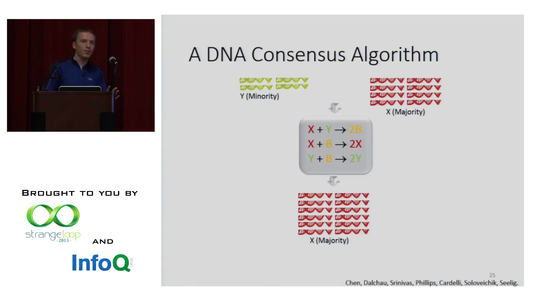And every time a Y bumps into an intermediate molecule, it similarly turns into 2Y. The reason this in practice figures out which is in the highest concentration is that the probability of an X bumping into an intermediate molecule is proportional to the number of X's that already exist in the system. So the more X's there are, the faster it will move in that direction.